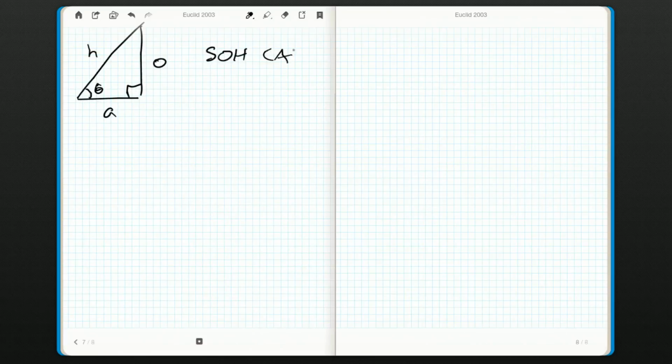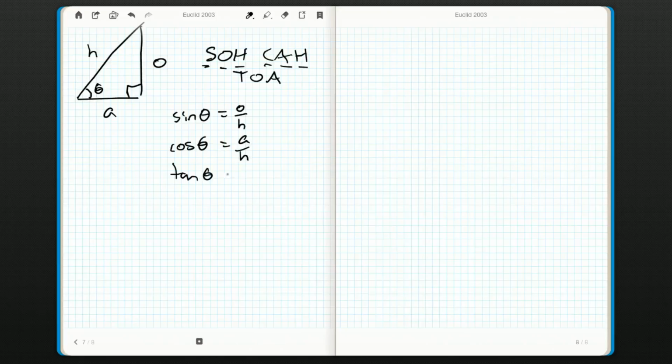Then we get SOHCAHTOA, and S for sine of theta is opposite over hypotenuse. Cosine of theta, for the CAH, is adjacent over hypotenuse. So we can work out the sines and cosines from these ratios, or we can work out these ratios from the sines and cosines. And finally, TOA, tan, is opposite over adjacent.